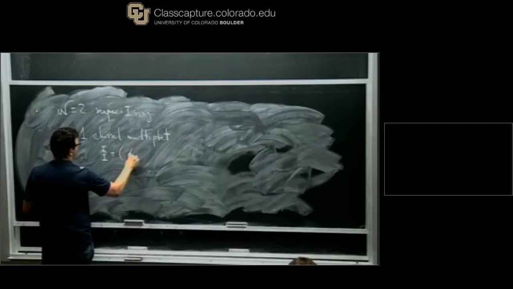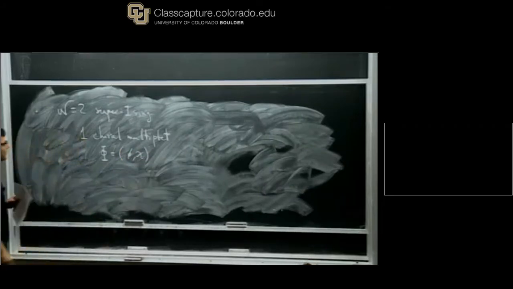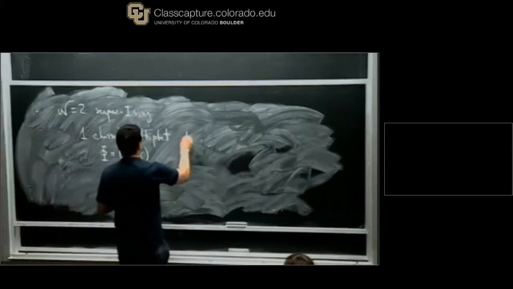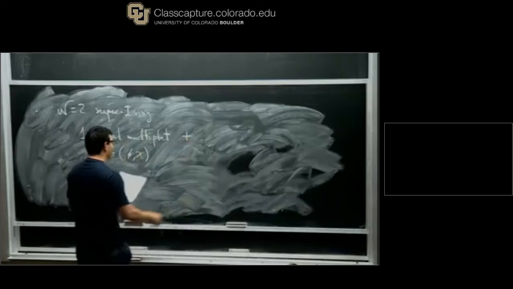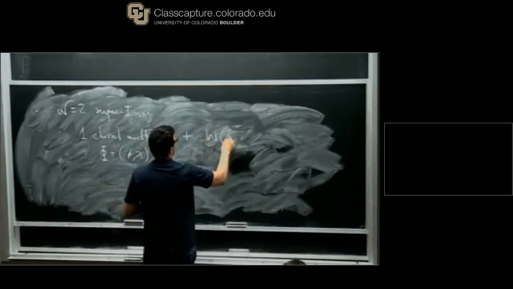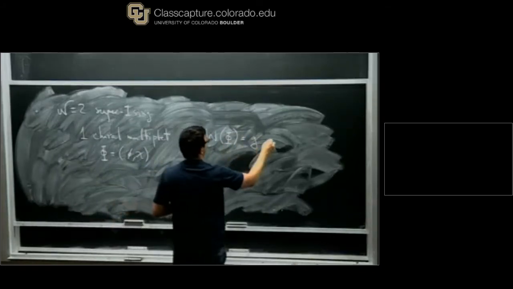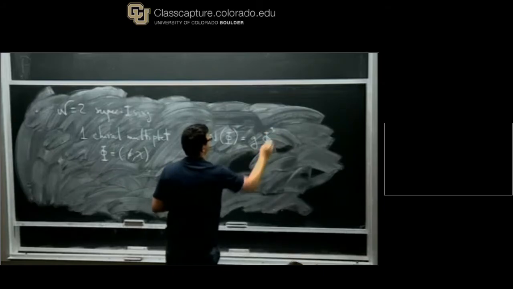It has a scalar and a fermion. We can think of having a free chiral multiplet, and then we can add some interactions. And then in the infrared, we flow to a conformal field theory. So the interactions are given by a superpotential term, which is W of phi, some coupling times phi cubed.